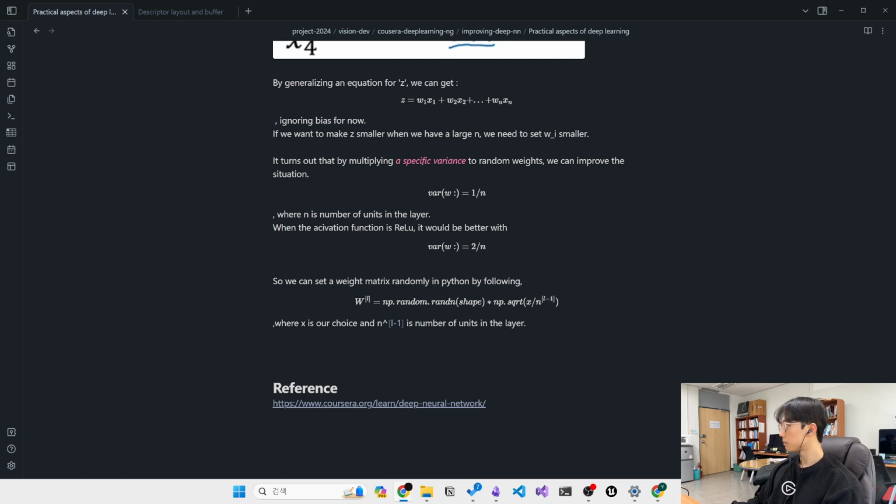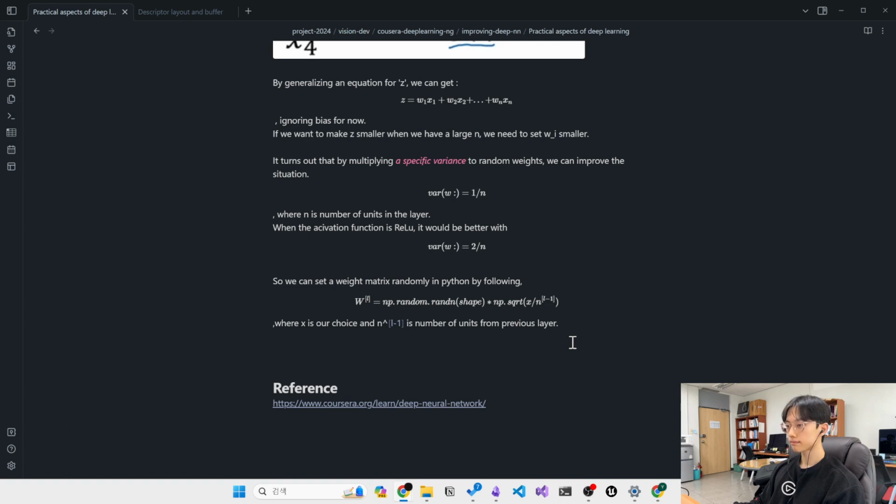So if the input features or input activations are roughly mean 0 and variance 1, then this will cause z to also take on a similar scale.